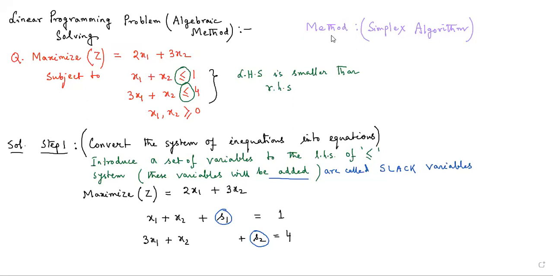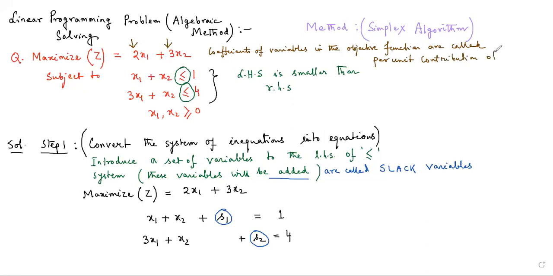If you think of my previous day's problem where I formulated the LPP, you will observe that the coefficients of the variables in the objective function are actually called per unit contribution of the variables into the objective function.